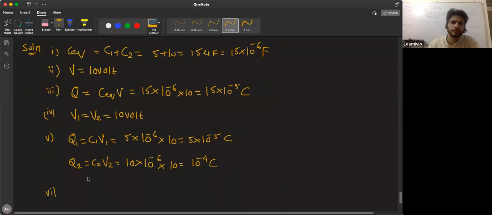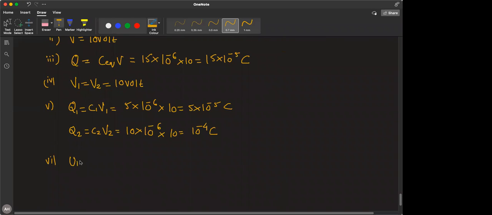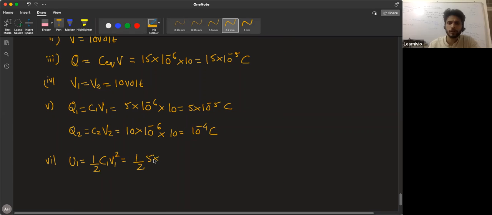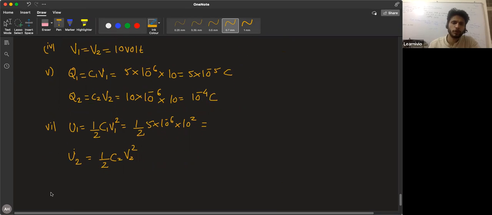U1 will be equal to half C1 V1 square and U2 will be equal to half C2 V2 square. C1 is 5 microfarad, V1 is 10, squared. Similarly, you can calculate U2, which is half C2 V2 square. And your total energy will be U1 plus U2.